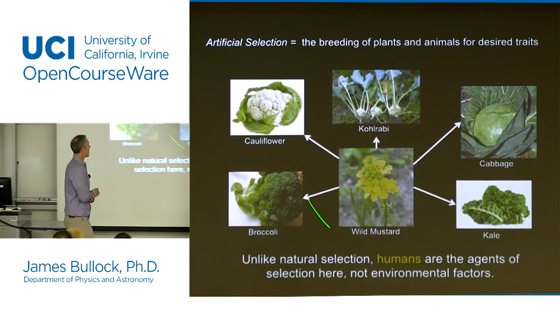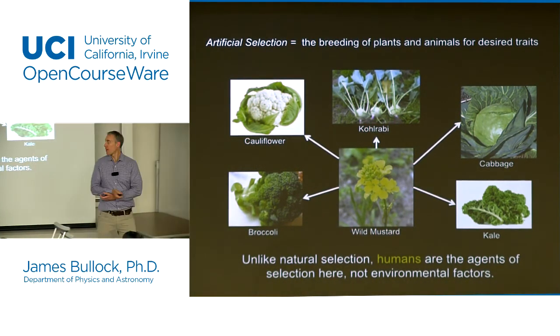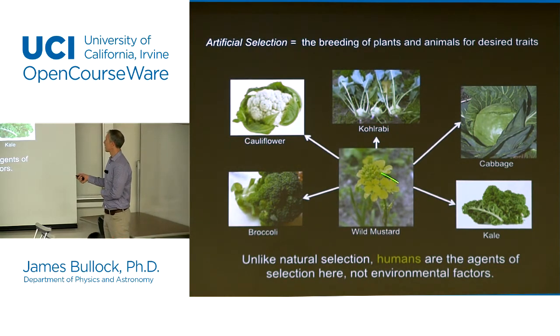We also, of course, do it with plants. Wild mustard is the sort of thing that eventually gave rise to broccoli, cauliflower, cabbage, all this stuff. And they're all descended from wild mustard.